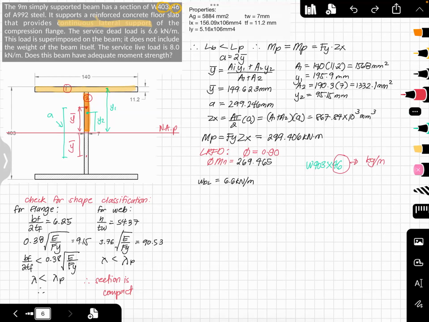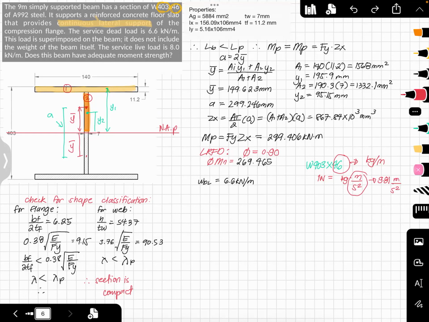We know that 1 Newton is equal to kilogram times meter per second squared. So if we want to convert the 46 kilogram per meter into Newton per meter, we have to multiply it by 9.81 meter per second squared, so that we will have Newton.